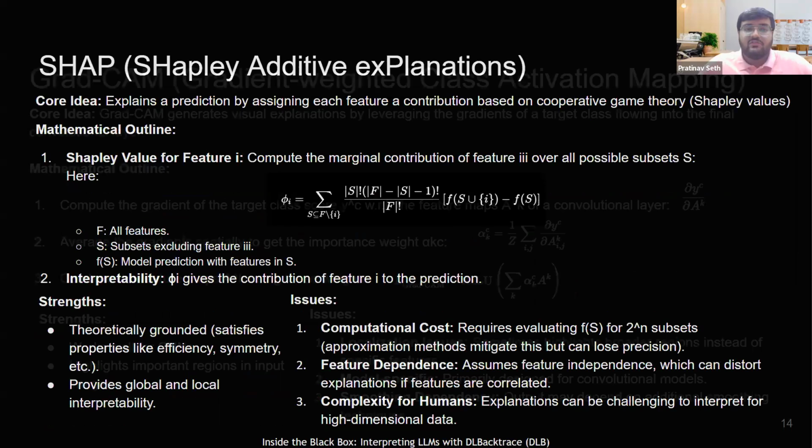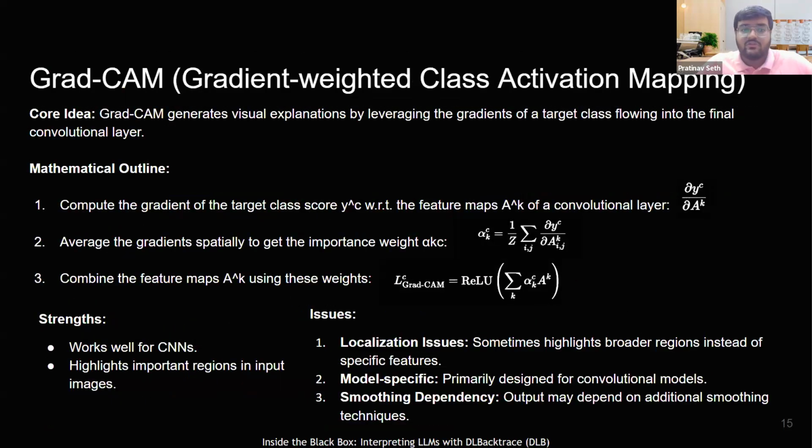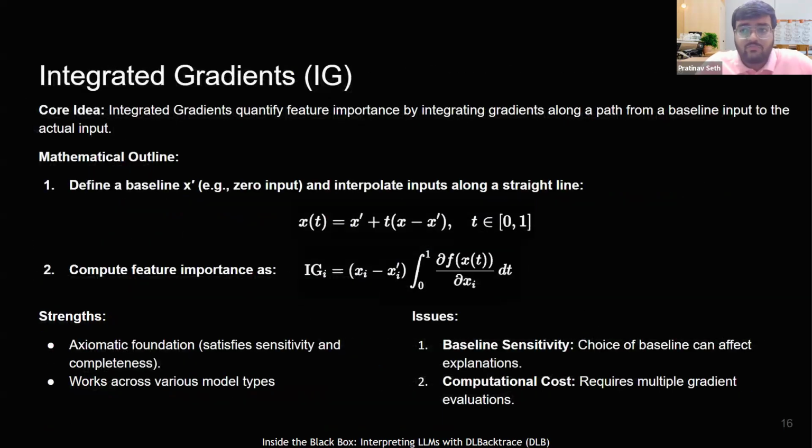Then you have GradCam, which is very popular in computer vision but can be applied just to classification-based tasks. You can try to apply it in segmentation, but you cannot move beyond that. Integrated Gradients is very popular and has now been used in Llama and other models as well, but it cannot be trusted.